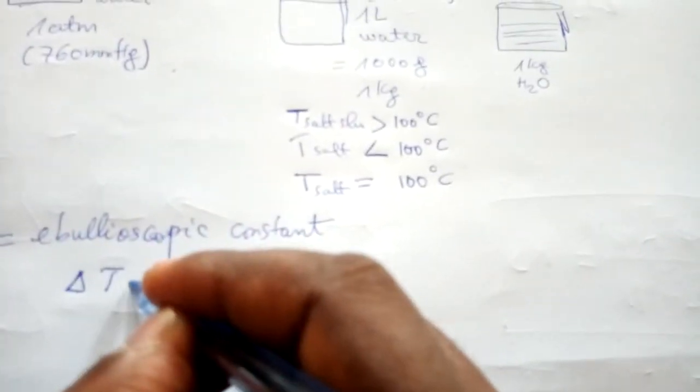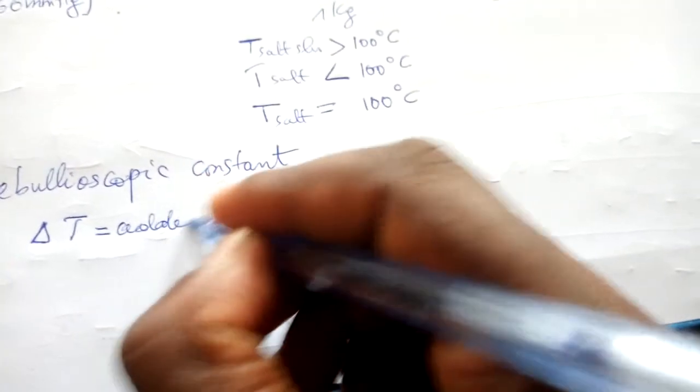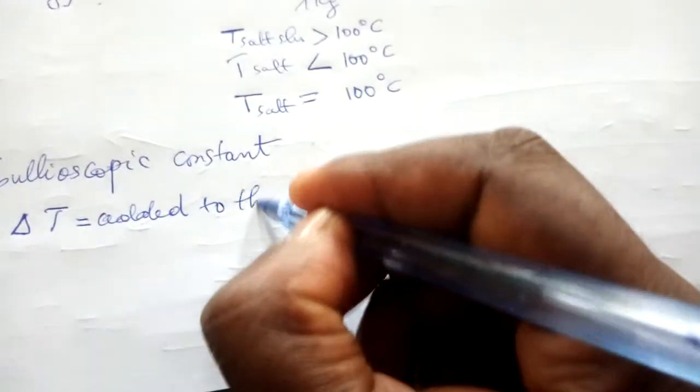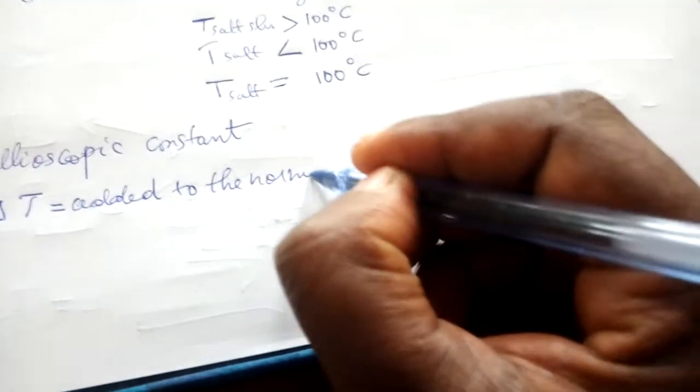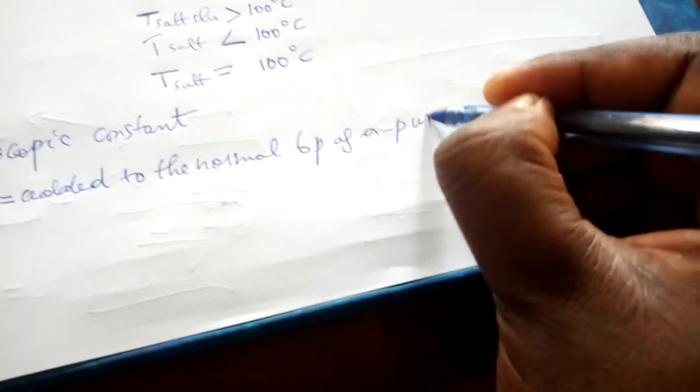This ebullioscopic constant is the change in temperature which is added to the normal boiling point of a pure solvent.